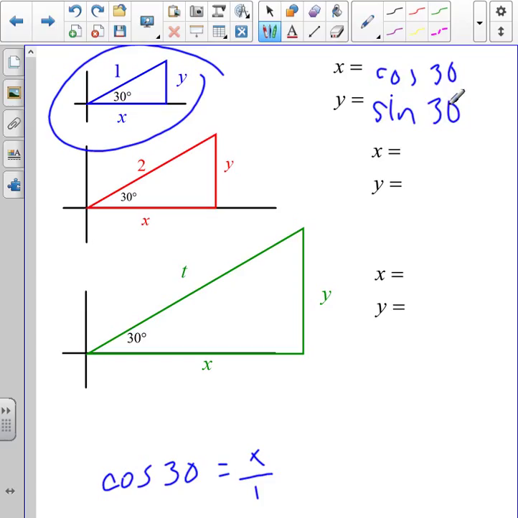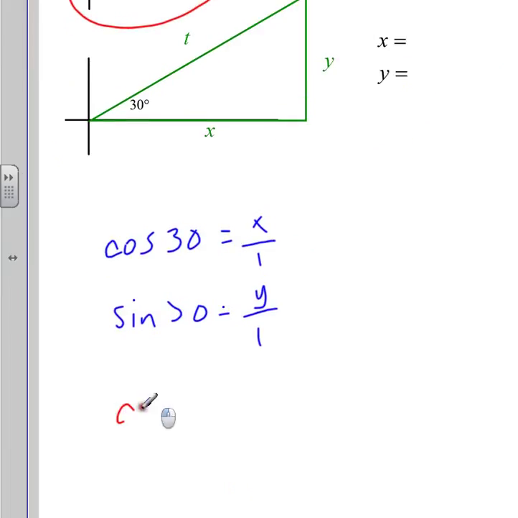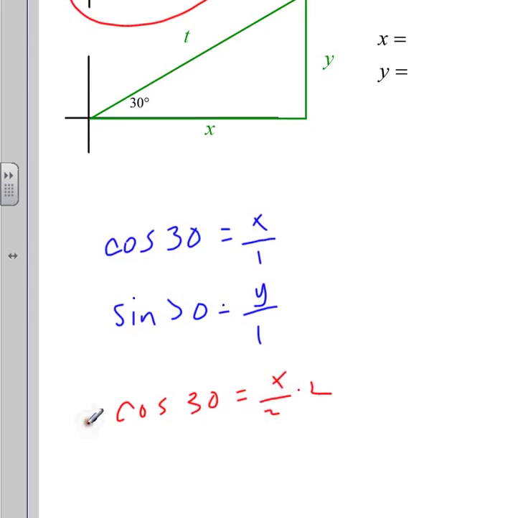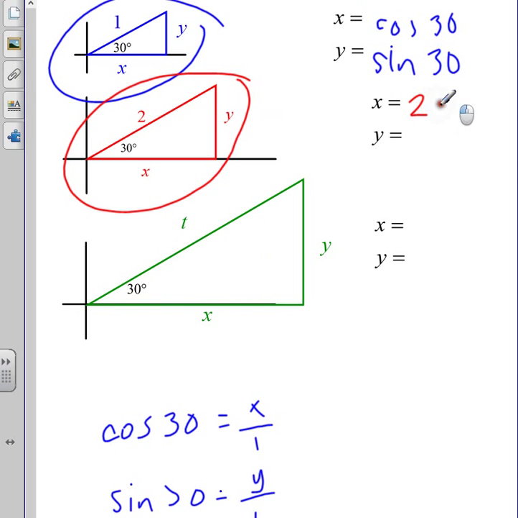Okay. So I could do the same thing for this red one right here. The only difference is I would have cosine of 30 equals x over 2. We already know we multiply both sides by 2 to get x alone. So this one would be 2 times cosine of 30.